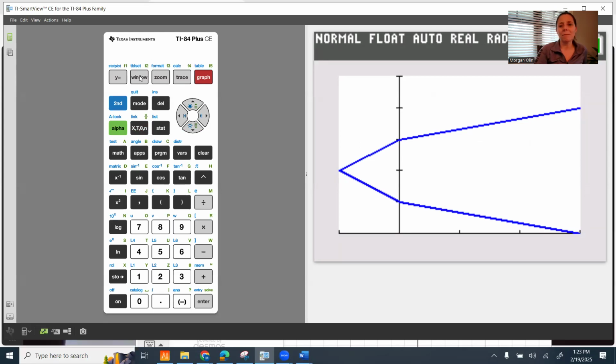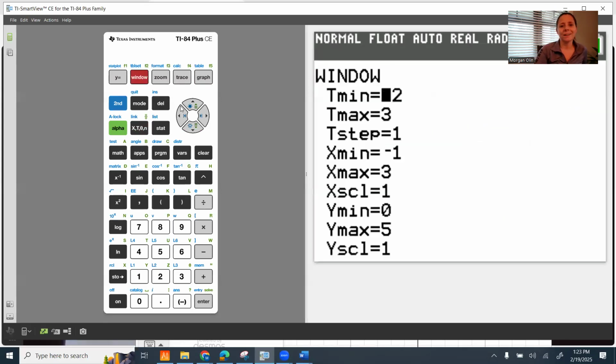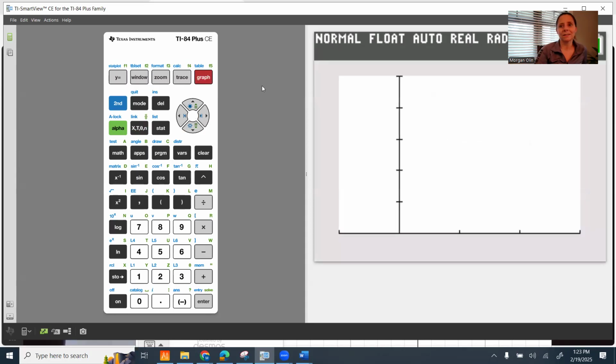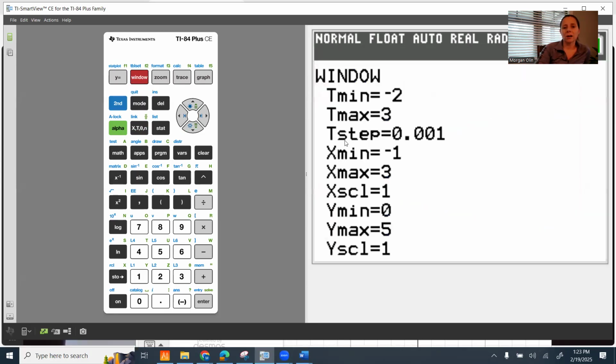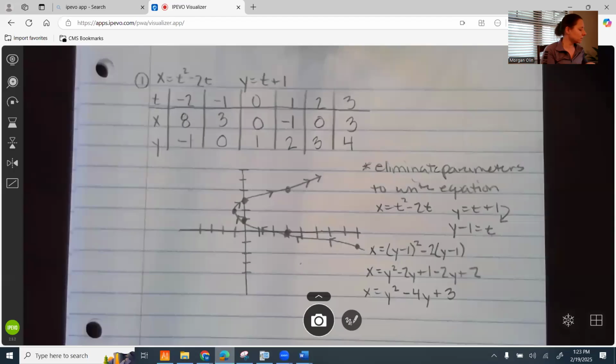Maybe I should change the step, I think it's jagged because of that. There we go, now there's the graph. It takes a little playing around with. You can also change your window, your X max and Y max and all of that as well. So let's go back here and write some more parametric equations.